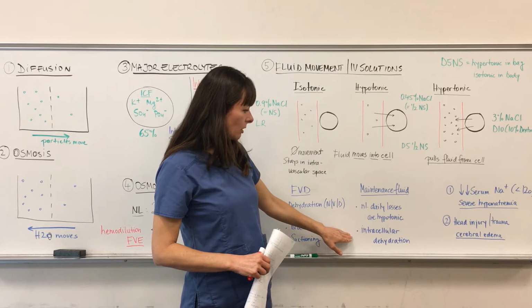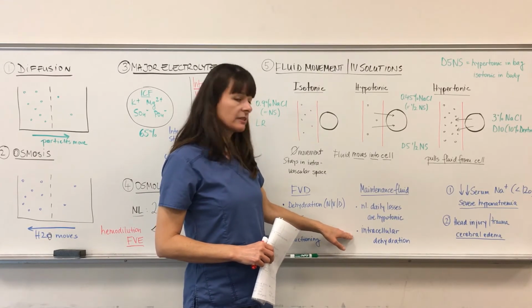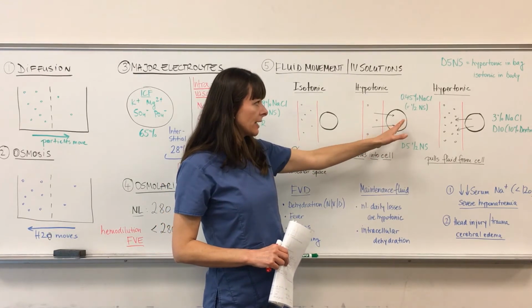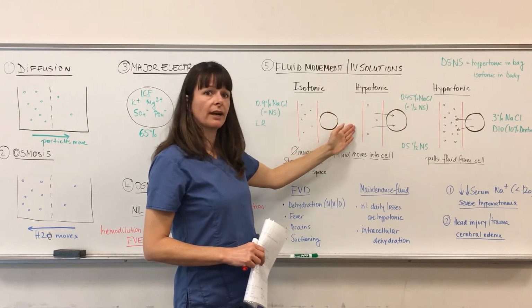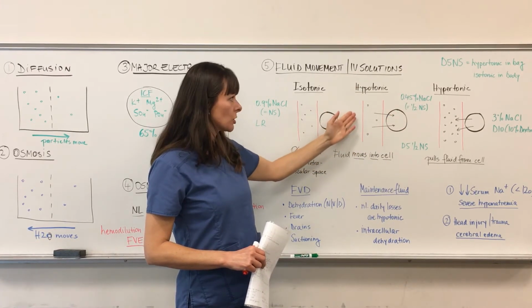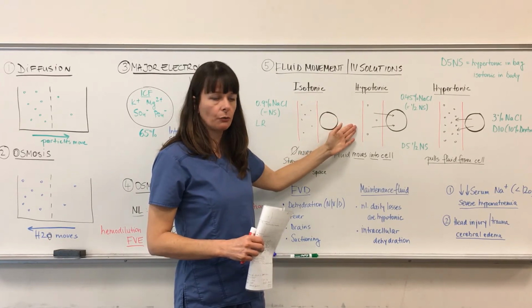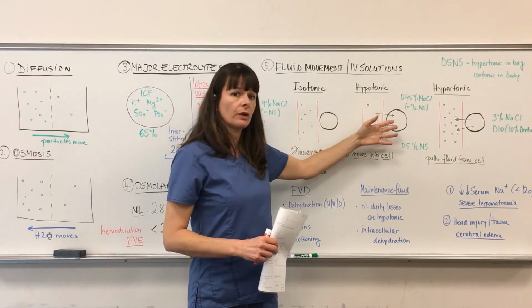Hypotonic solutions can also be used at a faster rate if there is intracellular dehydration. So if the cell itself is dehydrated, it will need more fluid. By administering hypotonic IV solutions, we give the patient a lower concentration of particles, higher concentration of fluids, and that fluid, by principle of osmosis, will move into the cell.